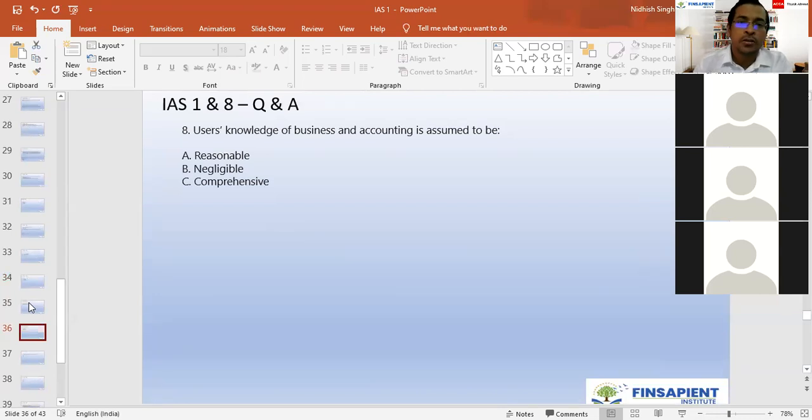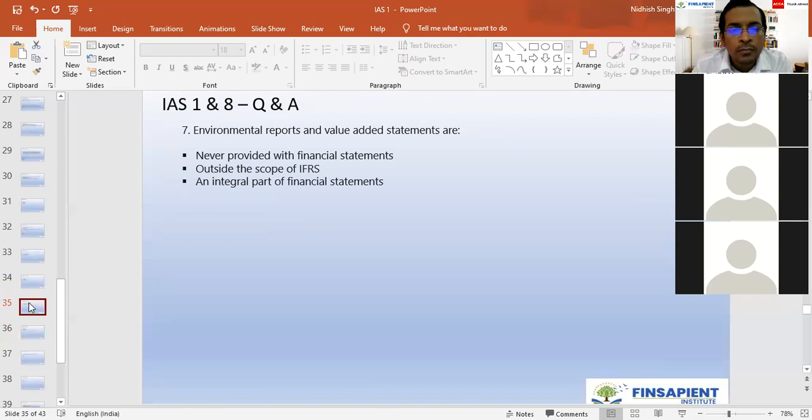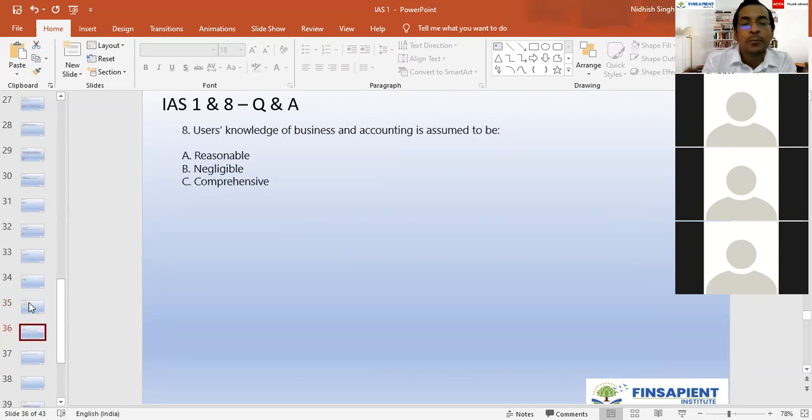It should be the first one, right? The answer is the first one, right? First, yeah, never provided with financial statement. But I'm saying it is not outside the scope of IFRS. It is not. Okay. But there is no separate report given.